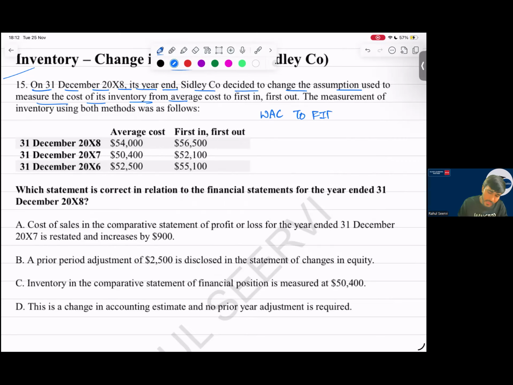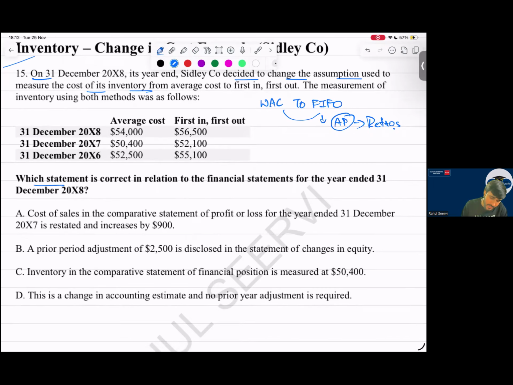They are shifting. Whenever they shift from weighted average to FIFO or FIFO to weighted average, it's a change in accounting policy. For accounting policy, we follow retrospective impact, not prospective. The measurement of inventory using both the methods is given. For X8, and X7, X6 also, they have given you both the values. No issues in that.